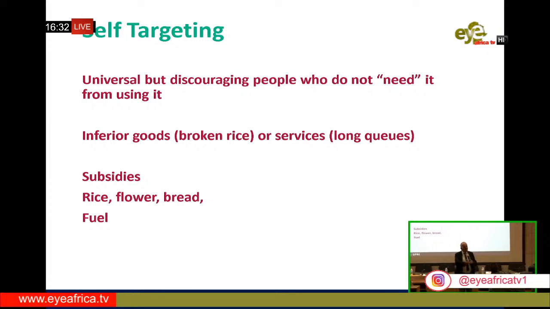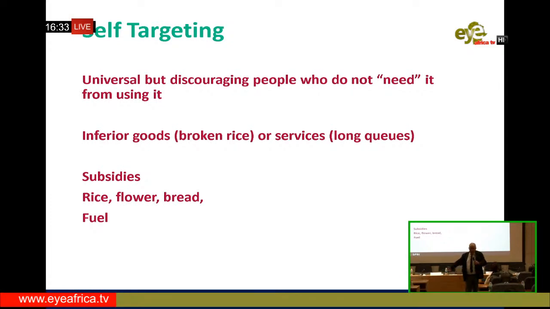People that consume more sugar are usually richer people. Your fuel subsidy, which is not unique, there are many countries with fuel subsidies, is actually a form of self-targeting. You allocate your money to people who use more fuel. The more fuel you use, the more of the benefit you get.